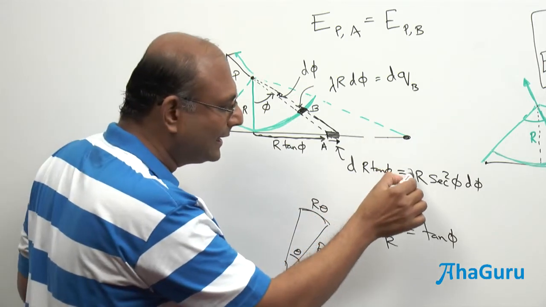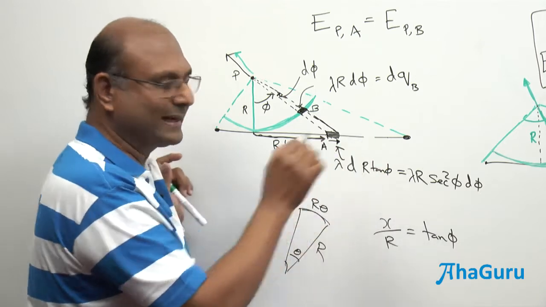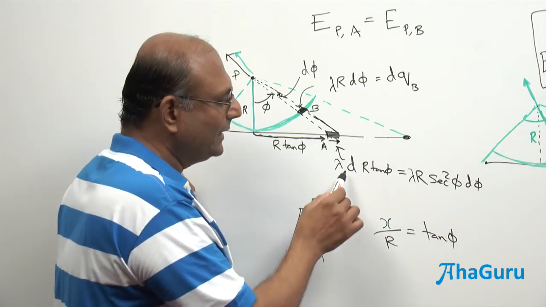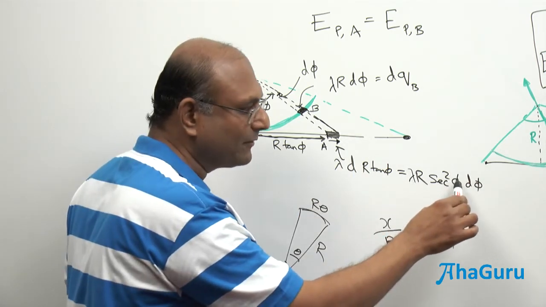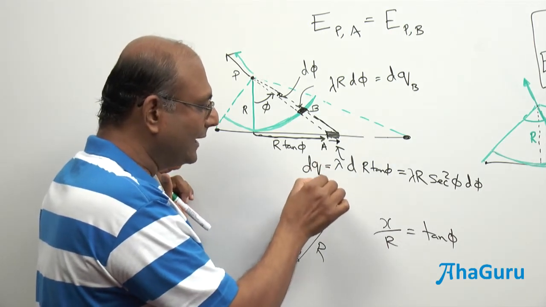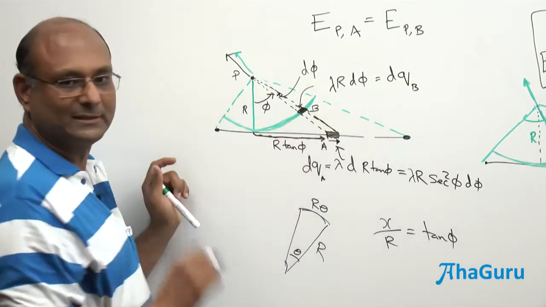So it will be lambda times d of r tan phi, or lambda r secant square phi d phi, and this would be dq at A. The charge here is this much and the charge there is that much.